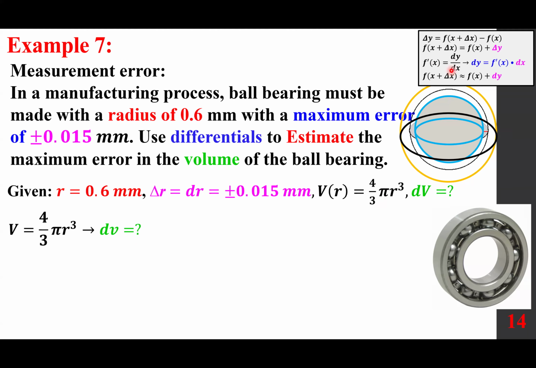F prime of x is dy dx, and dy is f prime of x dx. Now we're going to go with v prime of r is dv dr. And of course, 4/3 pi is just a number, a multiplier, a coefficient that remains. We're going to work on r cubed, which gives us 3r squared.